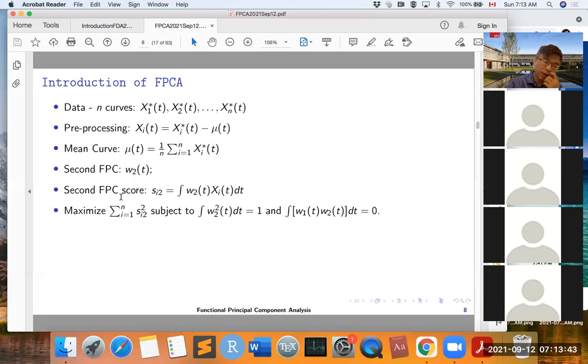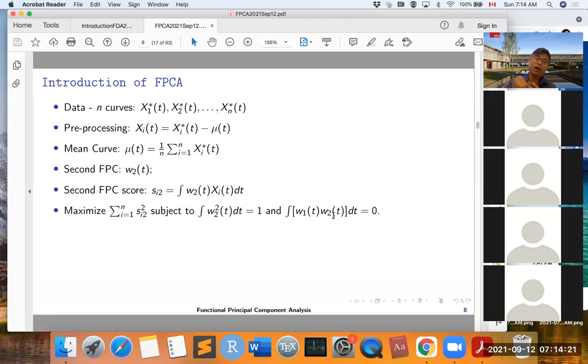So the variation of the second FPC scores will be equal to the summation of squares of the second FPC scores. And we put the constraint that the length of the second FPC W2(t) equals 1. So the integral of the square of W2(t) will be equal to 1. And the inner product of W1(t) and W2(t) will be equal to 0. So W1(t) and W2(t) have to be orthogonal.